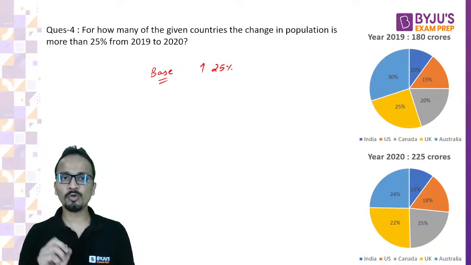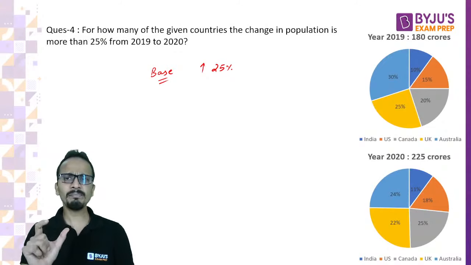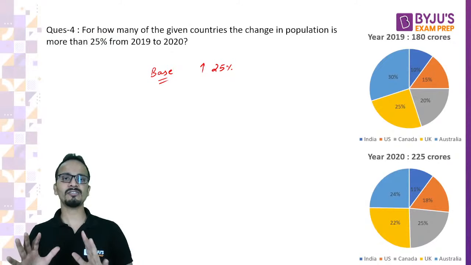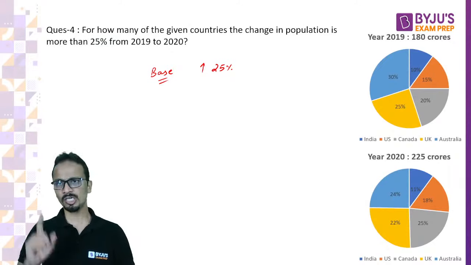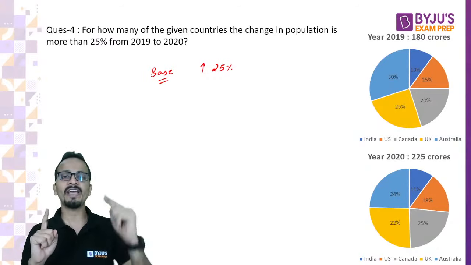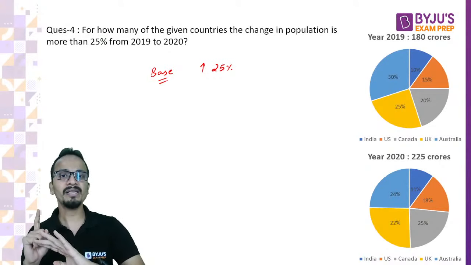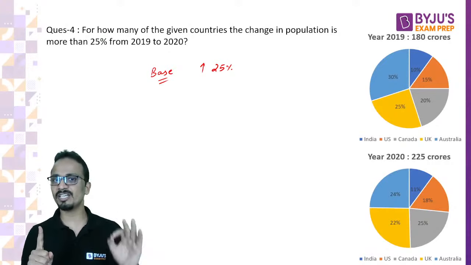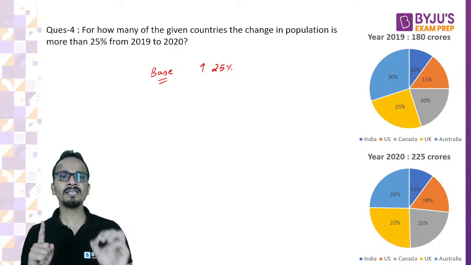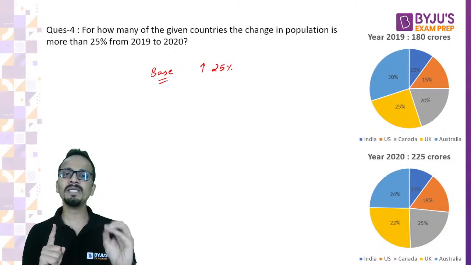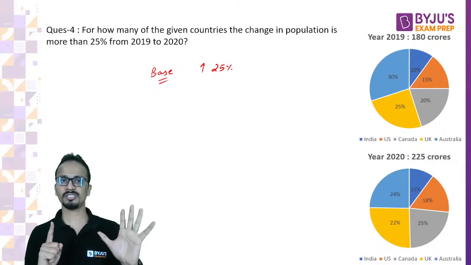I'll repeat it very quickly. Already in the base, there is an increase of 25%. Point number one: if the percentage breakup for any country will remain the same, then the net percentage change in the population for that country will be equal to 25%.